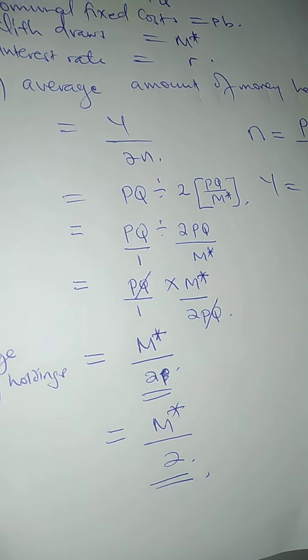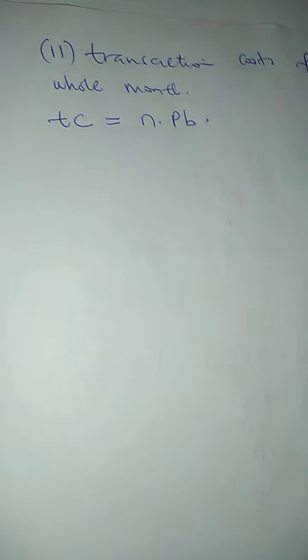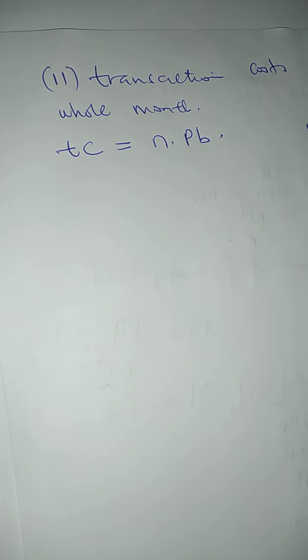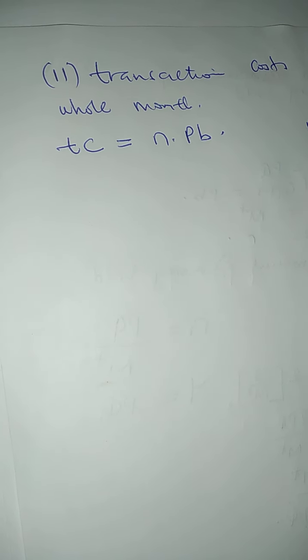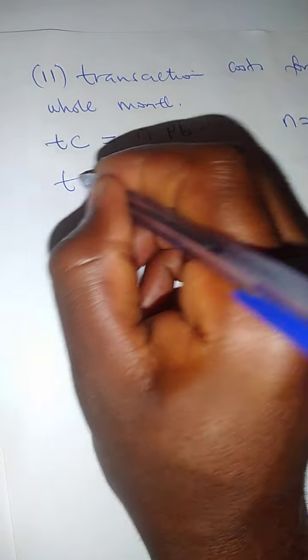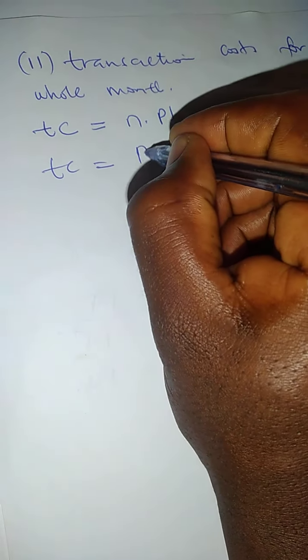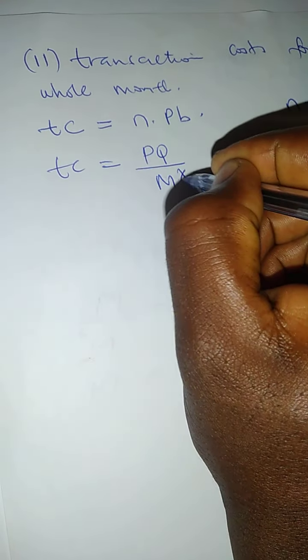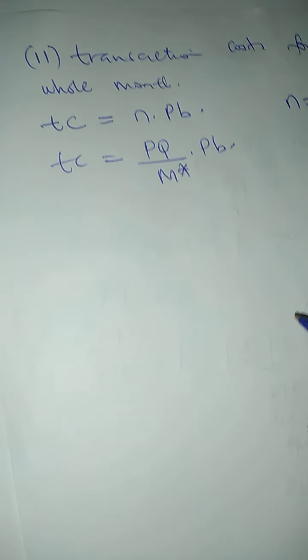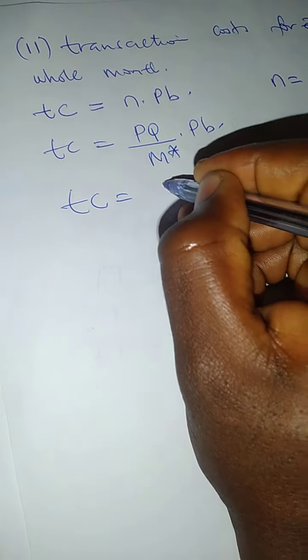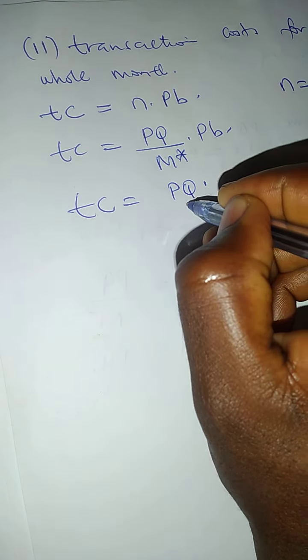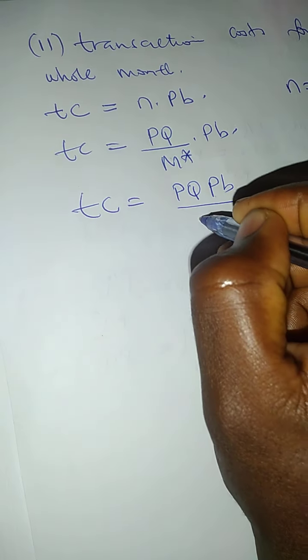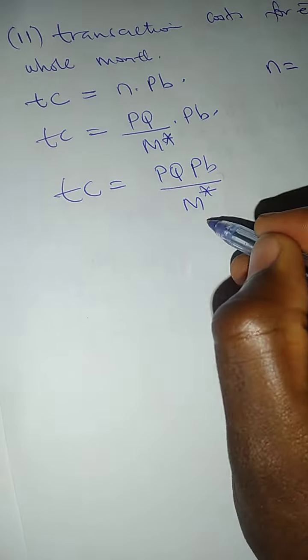There is a nominal fixed cost PB, so it's going to be N times PB. But we said N is equal to PQ divided by M star. So our TC is going to be N, which is PQ divided by M star, times PB. So the transaction costs are going to be PQ times PB divided by M star. Those are the transaction costs.